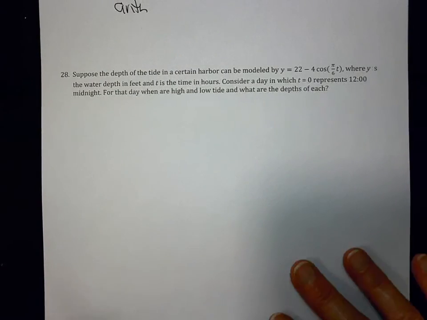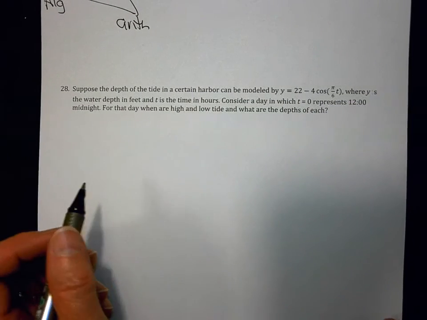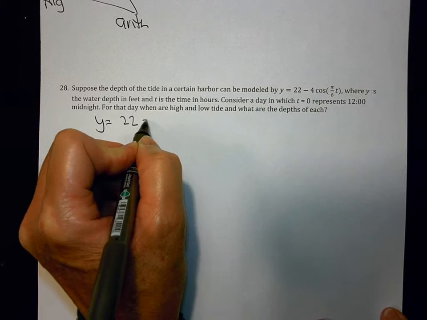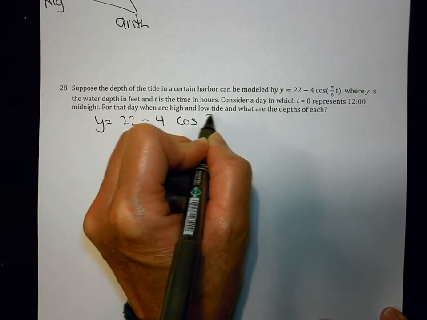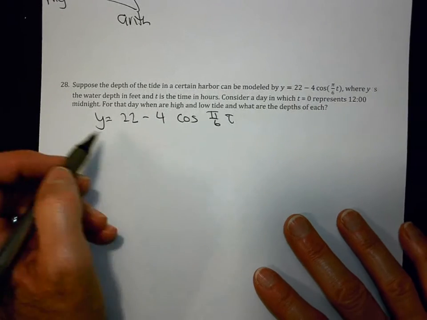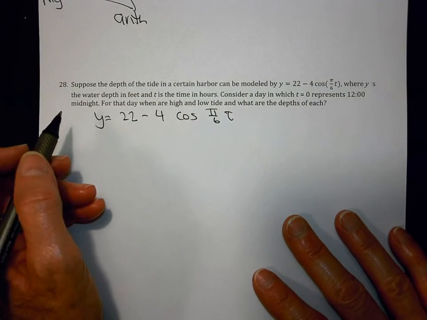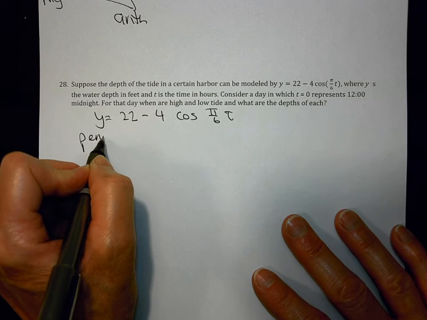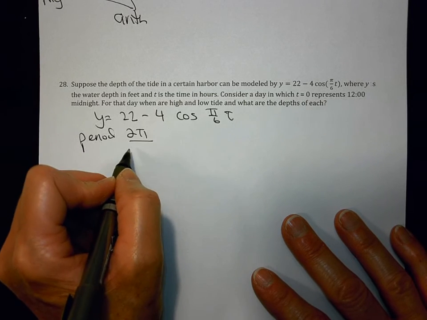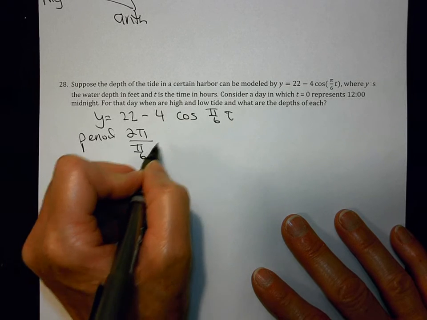Okay, the last one involves a cosine fraction. So if you think about it, you have y is equal to 22 minus 4 cosine of pi over 6t. So if we solve this out with the a's, the b's, and the c's, our period ends up being 2 pi over 6, or 12.